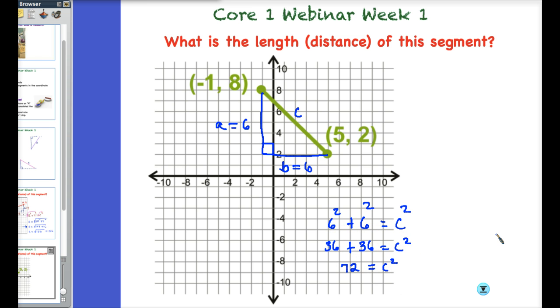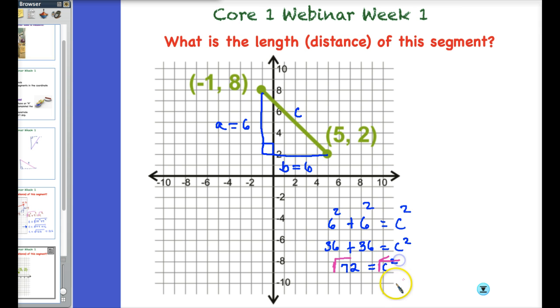Let me ask you guys, and everybody answer. Am I done? Is my answer 72? Okay, good. Very good. Monique, right on. Danny, good. Cece, you're right. No, you are not done. Exactly. In order to solve, you have to take the square root. That's the only way to undo a square.